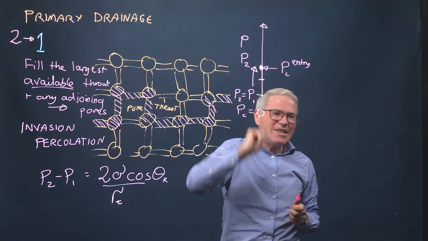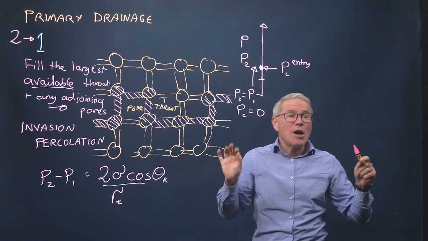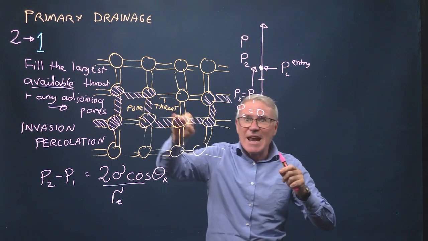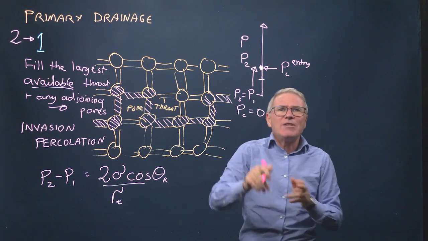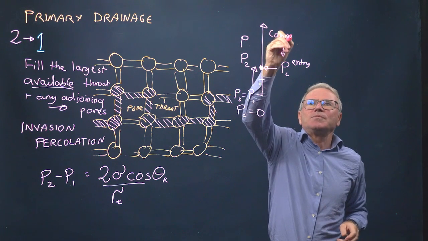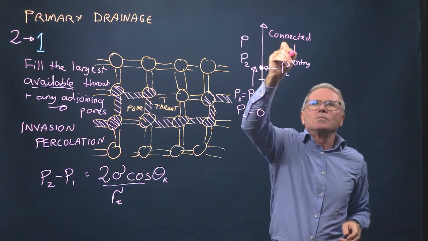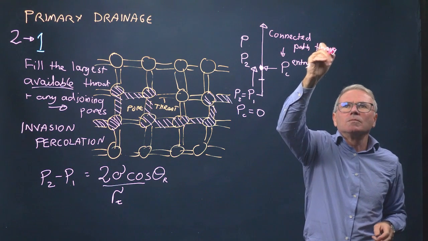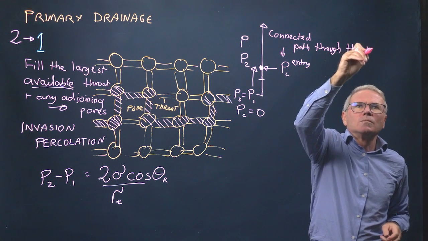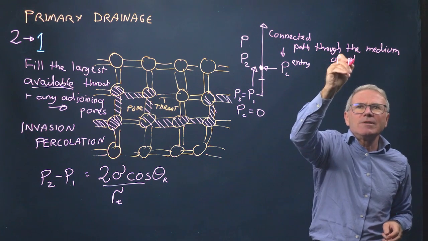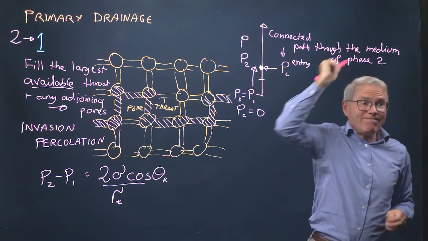Actually, strictly speaking, the entry pressure should be when you first, well, the technical word is percolate, by which I mean there is a connected path. So P entry here is when there is a connected path through the medium, and this is of phase 2. Okay.